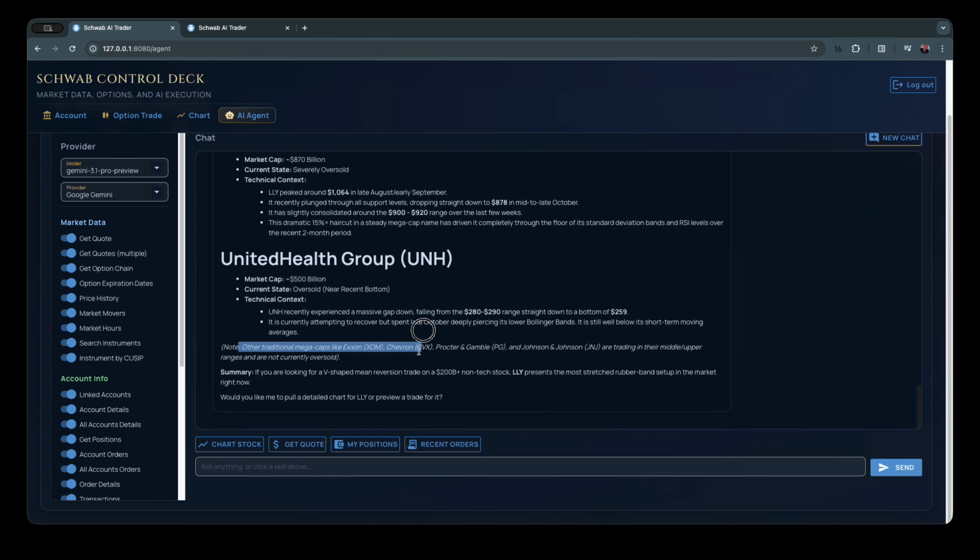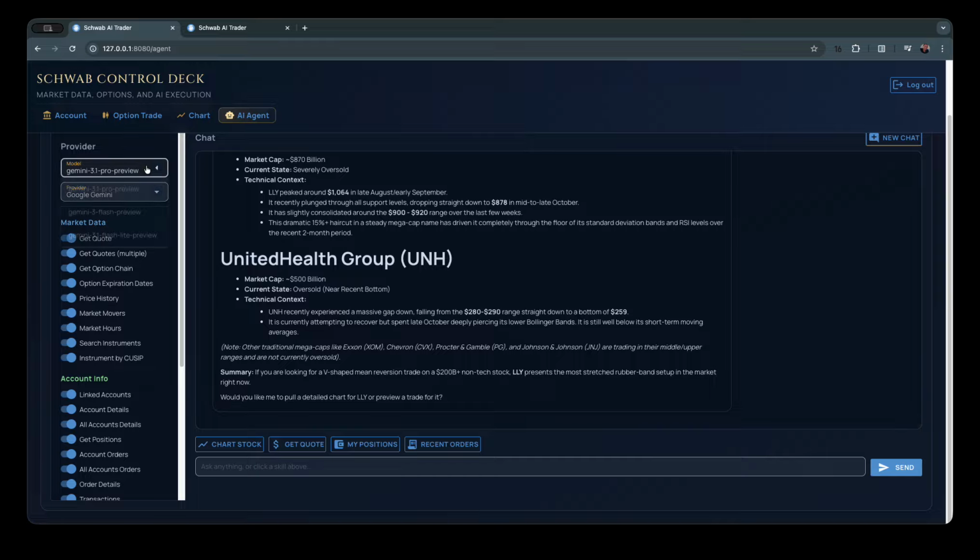It told us it's trading in the middle to upper ranges. Of course, I could have told it to do more, show me more, and it suggested it would like to pull a detailed chart for Eli Lilly, and preview a trade for it.